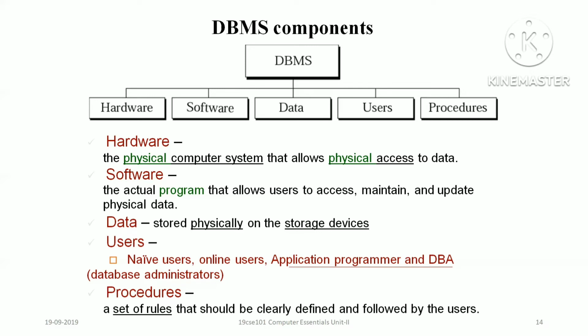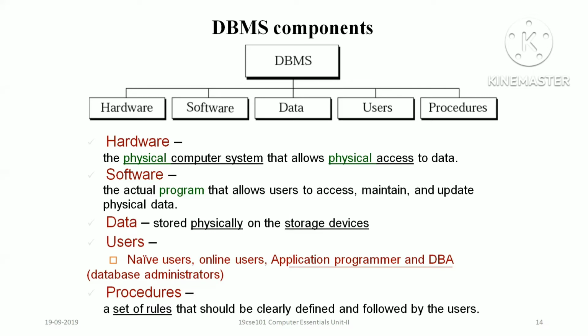Right. Now let's talk about the online user. What is meant by online user? For example, we'll take the bank staff. The bank staff who is sitting and maintaining the database is an online user.